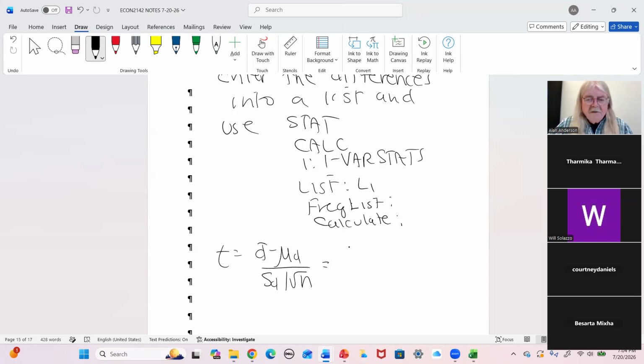So here I'm seeing 2.108. Here we got 4.4835, let's say, over square root of 6. And let's see what that turns out to be.